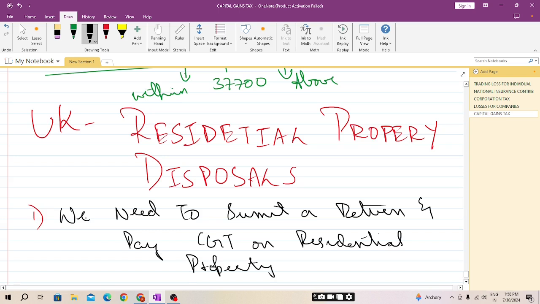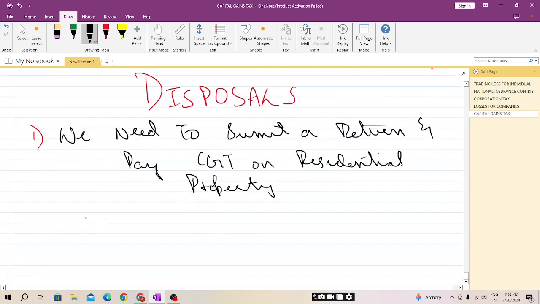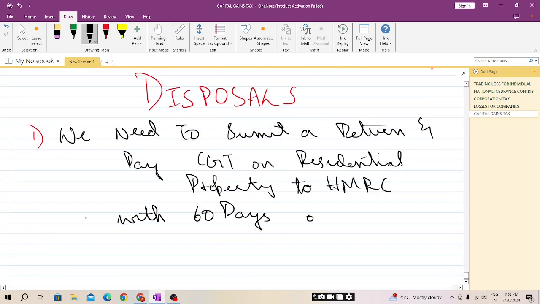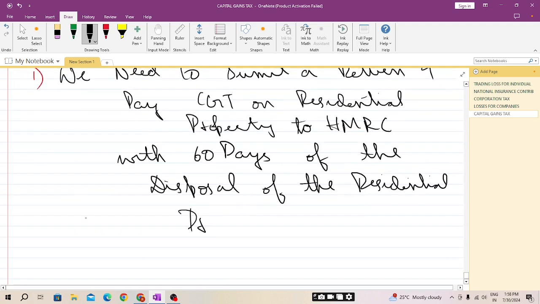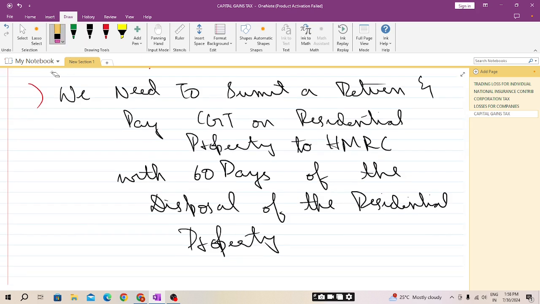We need to submit a return and pay the CGT on residential property to HMRC within 60 days of the disposal of the residential property. I hope this point is clear, students.